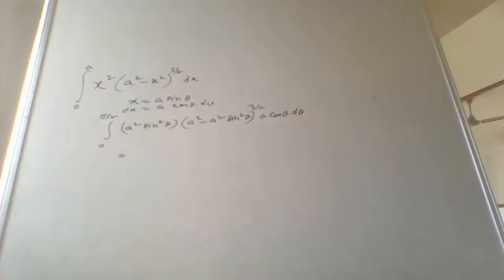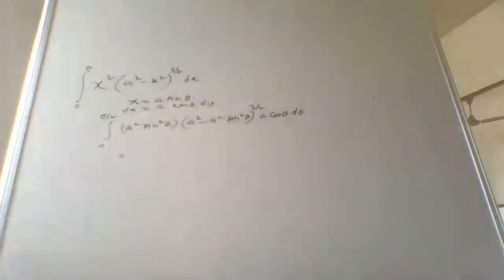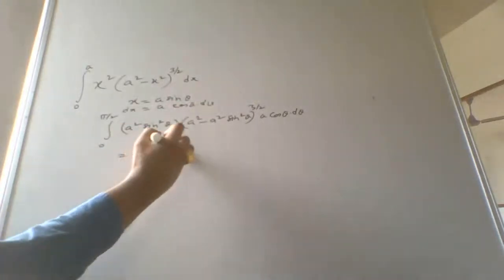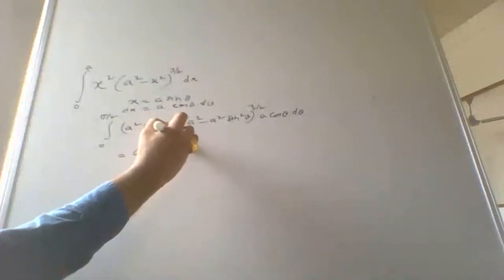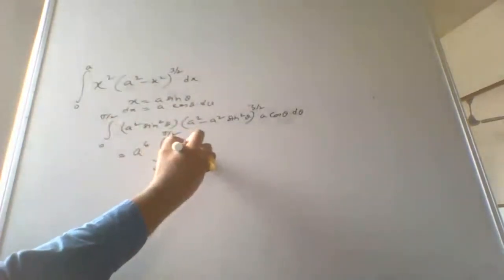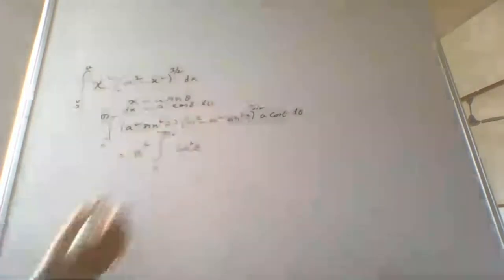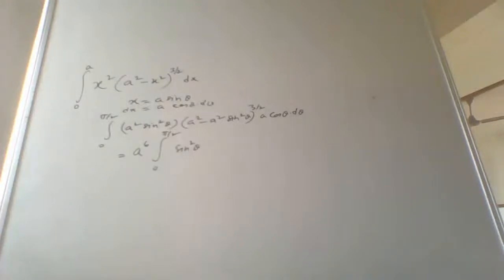Now if I try to simplify this further, this is a square and this is a cube, so a power 5, and I have a here, so a power 6. Integral 0 to pi by 2. Now this is sine square theta and 1 minus sine square theta, which is cos square.